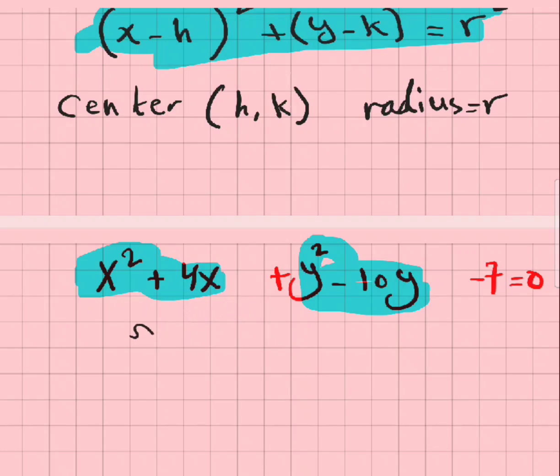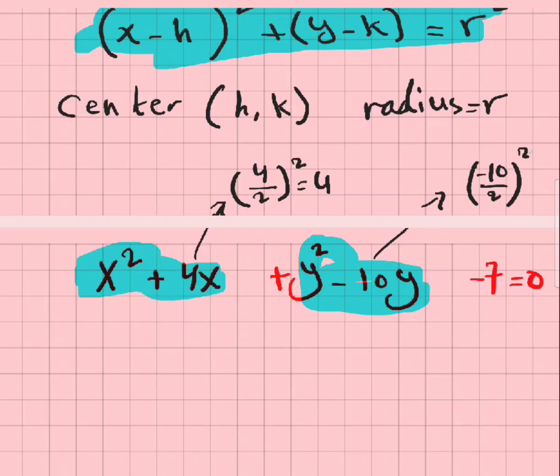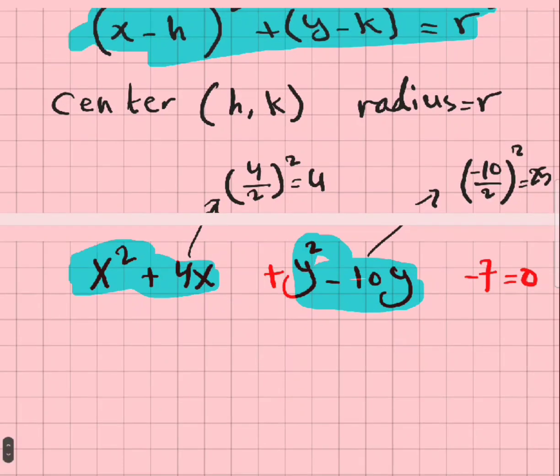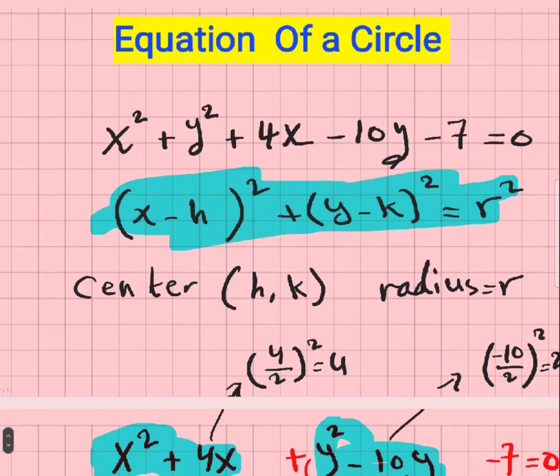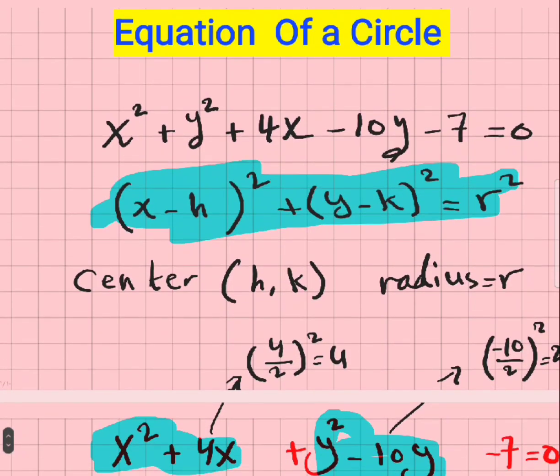I take my b divided by 2, which is 4 divided by 2, squared, which equals 4. And over here, I take my b divided by 2, which is negative 10 divided by 2, and I square it, which equals 25.